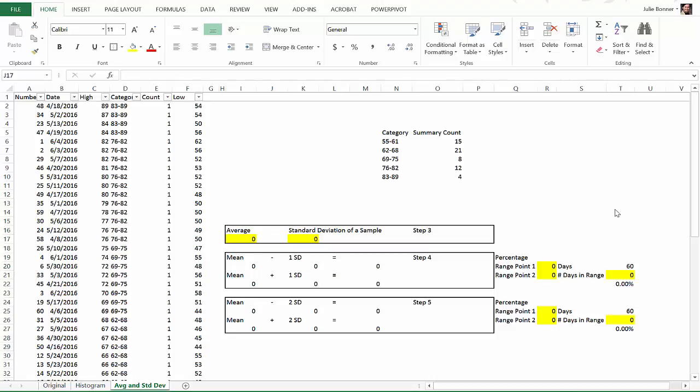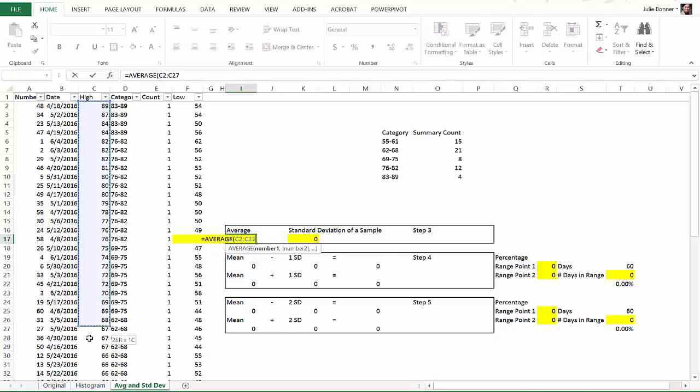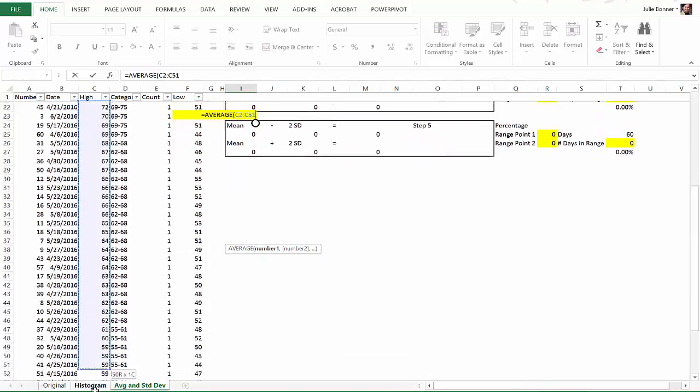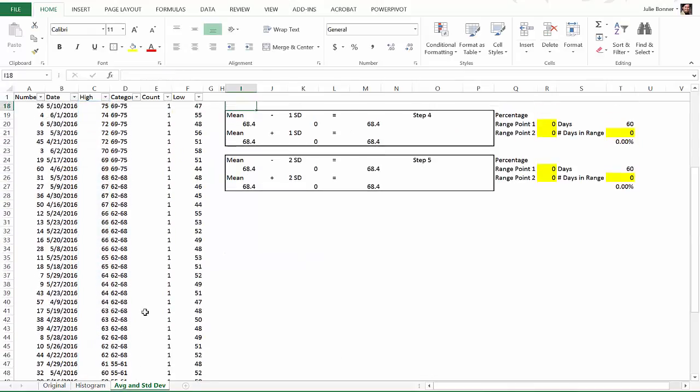So the first thing we need is the X bar, and X bar, all that means is the average. So in order to get the average in Excel, what I am going to do is here I'm going to do an equal sign, and I'm going to start typing the word average, and there's the average. So I'll double click on it, and I'm going to highlight the high temp from the top all the way down to the bottom and close off the parentheses.